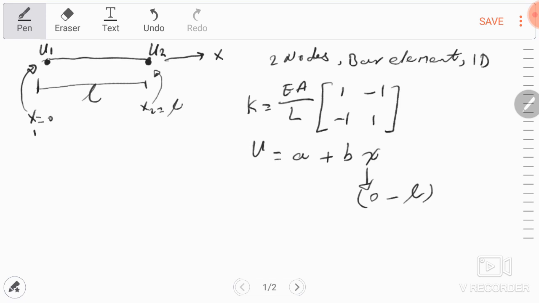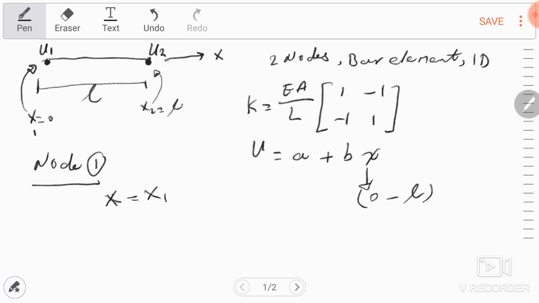I use a sample and letters. So I will take the nodes one by one. Let's start with node number 1, x equal x1.